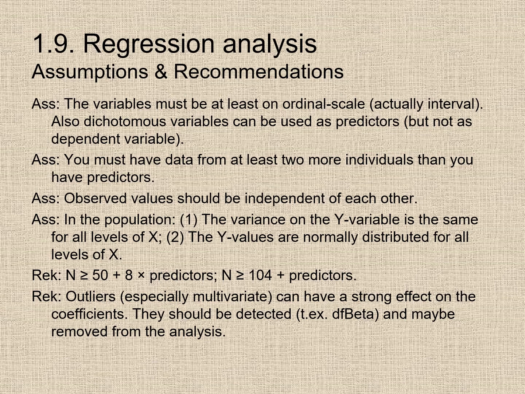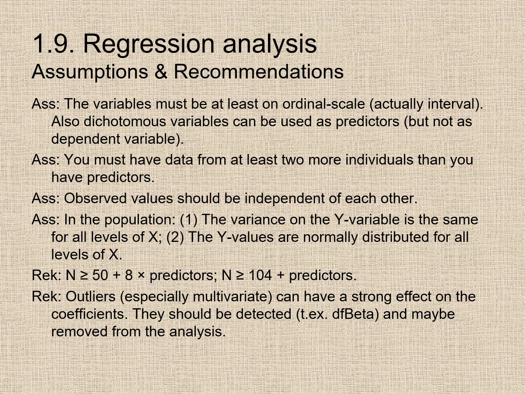I don't know, I caught these recommendations from somewhere. I guess there is some mathematics at the bottom, they just sound a bit funny. People come up with things. Somebody said that the number of individuals should be at least 50 plus 8 times the number of predictors, the number of independent variables.